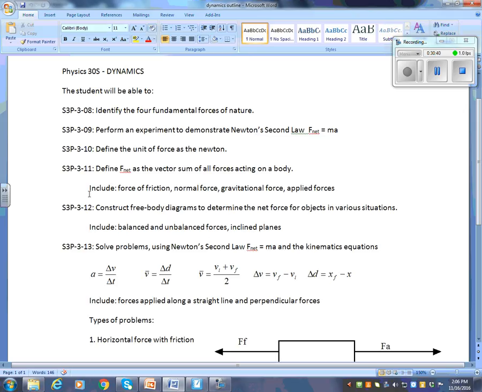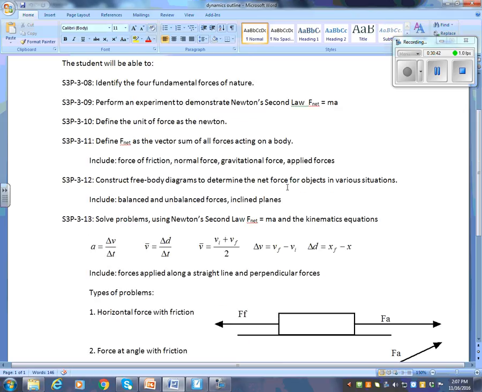We will construct free body diagrams to determine the net force for objects in various situations, including balanced and unbalanced forces and inclined planes. Inclined planes are fancy words for ramps. And solve problems using Newton's second law and the kinematics equations that we just finished using. So it's a do-over.